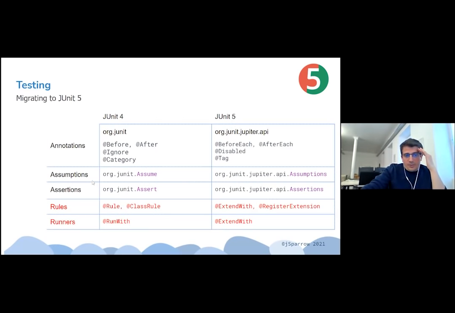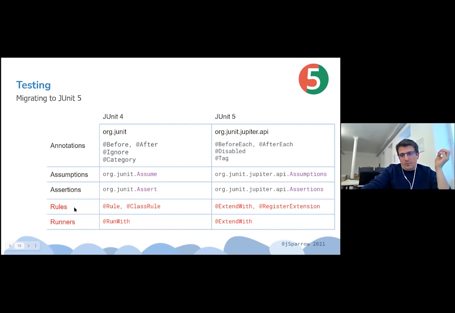Similar is for assertions and assumptions. The assertions in JUnit 4 are defined in org.junit.Assert. On the other hand, in JUnit 5, assertions with the same or very similar signature are defined in org.junit.jupiter.api.Assertions, and it's the same for assumptions. It's more problematic for transitioning rules and runners, so JUnit rules and JUnit runners, into JUnit 5.